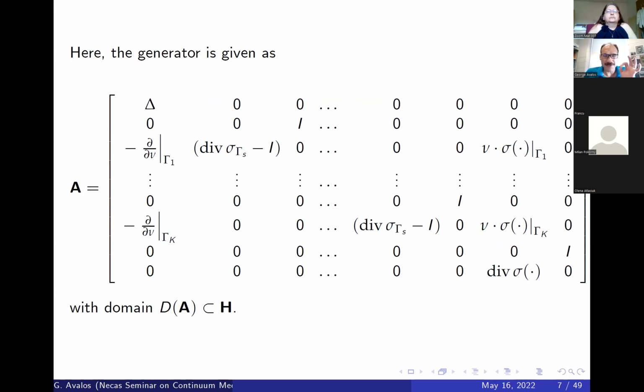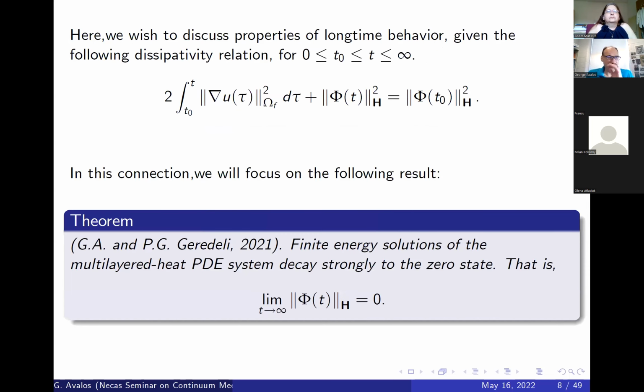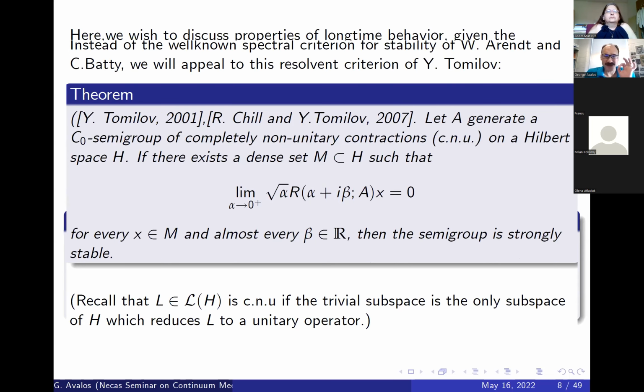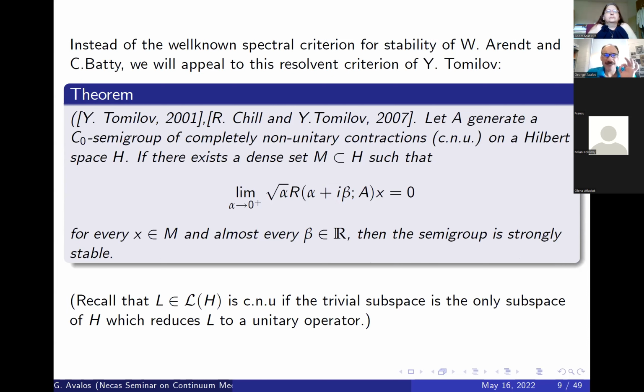The sticking points are going to make their way in no matter what path you choose. And I'll describe the sticking points with respect to this resolvent approach to strong decay vis-a-vis the spectral approach of Arendt and Batty, namely, if A generates a contraction semi-group, which moreover is completely non-unitary.